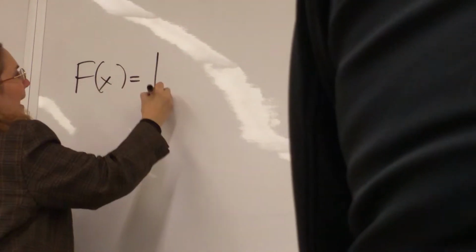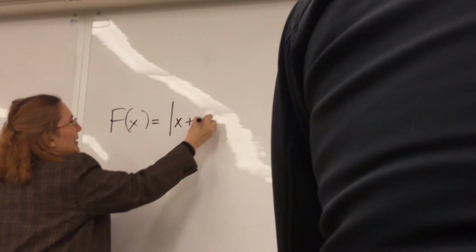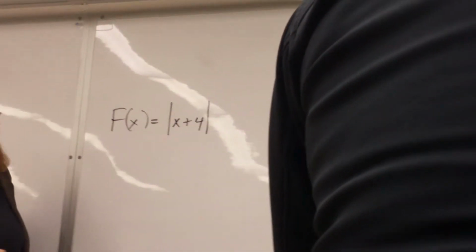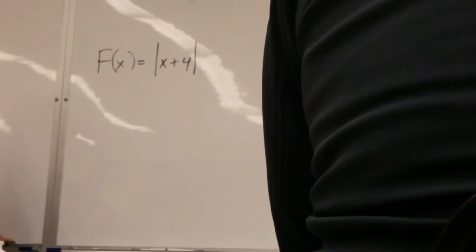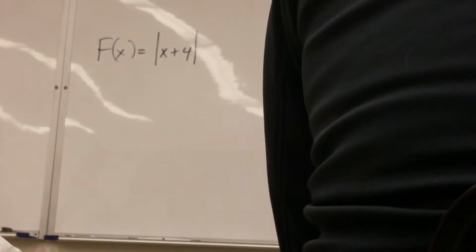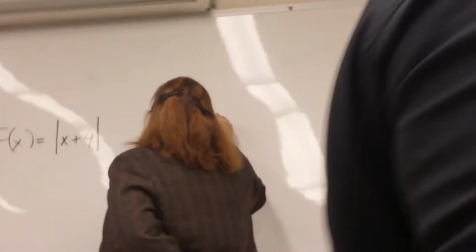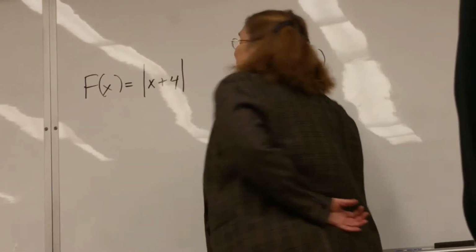Capital F of x is the function absolute value of x plus 4. And I'm going to tell you that I formed this function capital F of x by composing together two little functions.